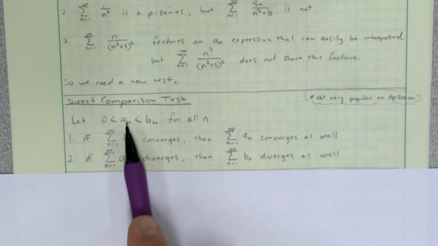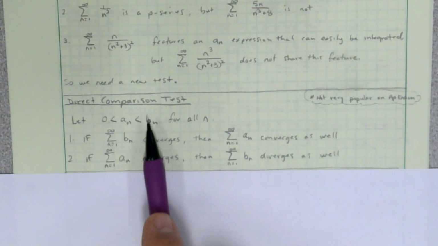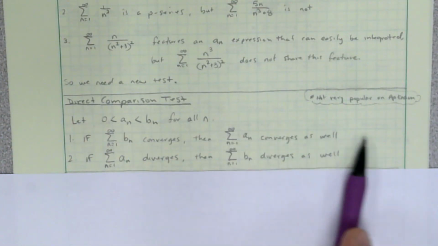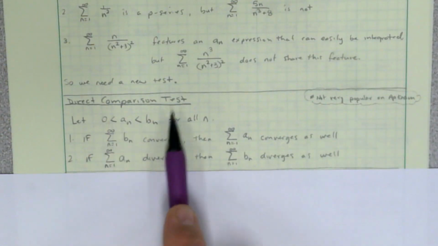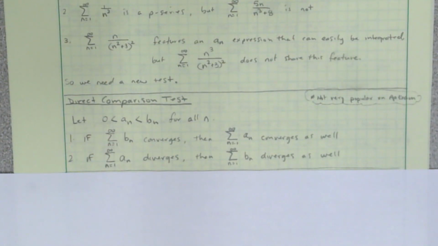These are all term by term smaller than this one, so if this one converges, meaning it gets closer to a number the farther out we go, then it forces this one to follow the same path and get closer to that same number also.